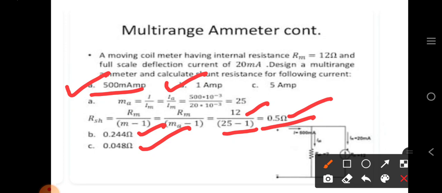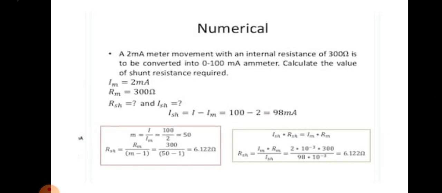From 500 milliampere to 1 ampere, the resistance decreases to 0.24. And for the third one, if we want a 5 ampere range, then the resistance we need is 0.048. So this is the multi-range ammeter.